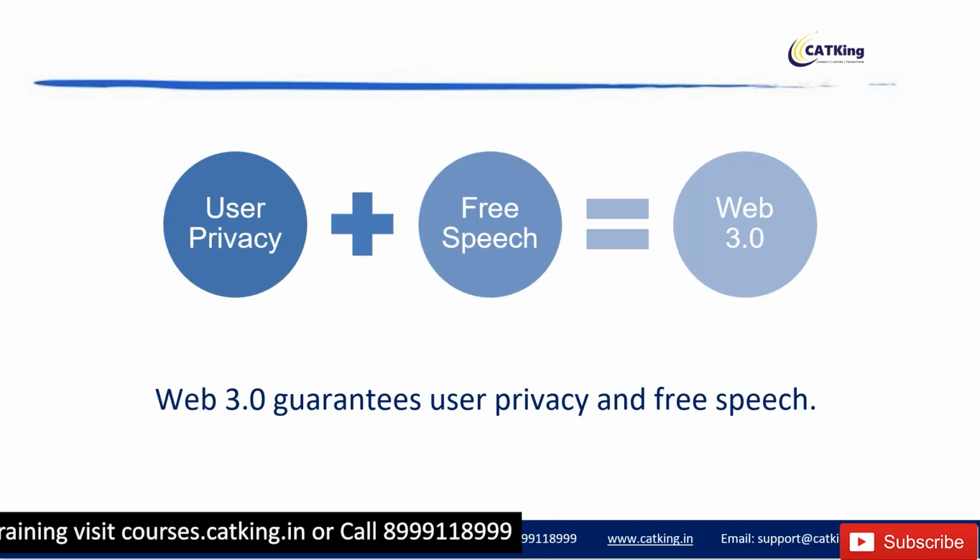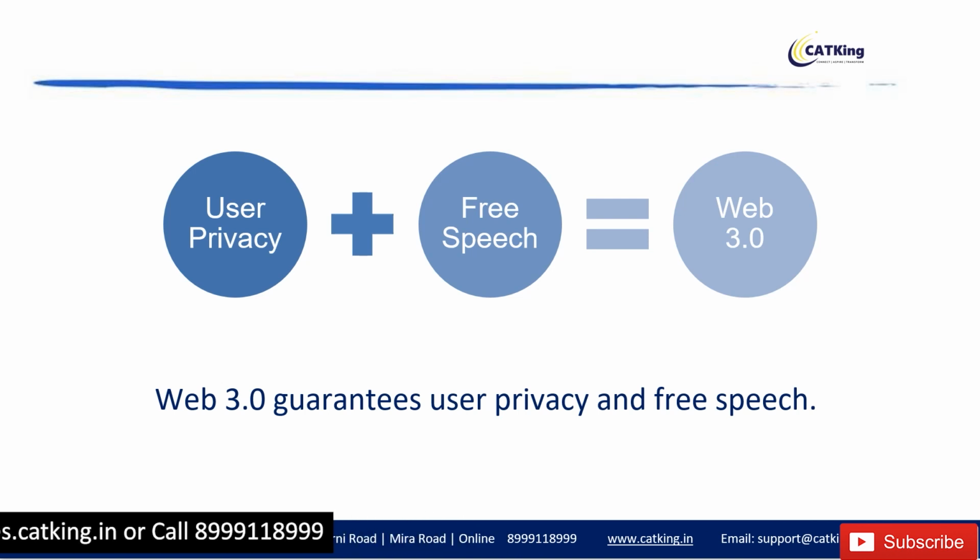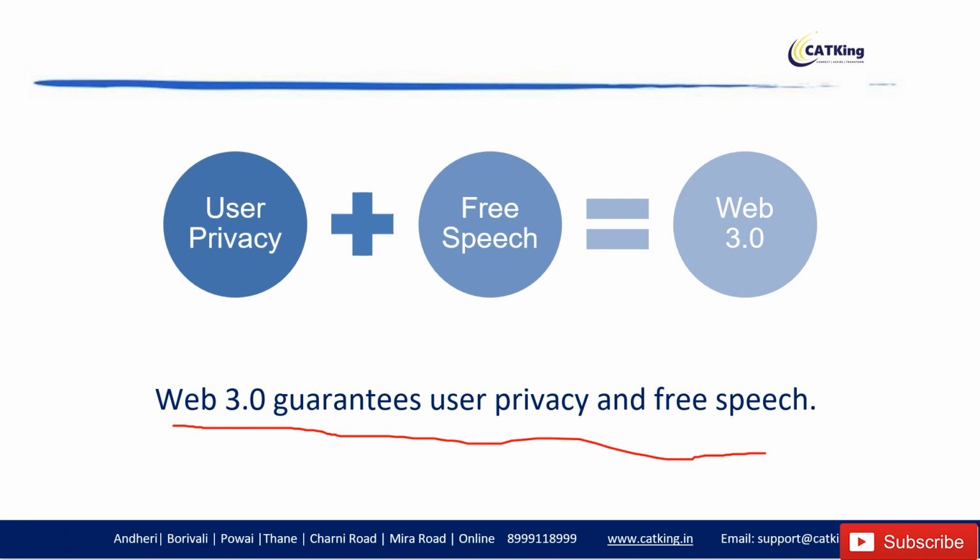Okay, so Web 3.0, one of the most crucial parts, and this is something that you should possibly write down in your books, is that Web 3.0 guarantees user privacy and free speech, right? User privacy and free speech are very important in this day and age. That is something that Web 3.0 guarantees you. Why exactly do we need user privacy?